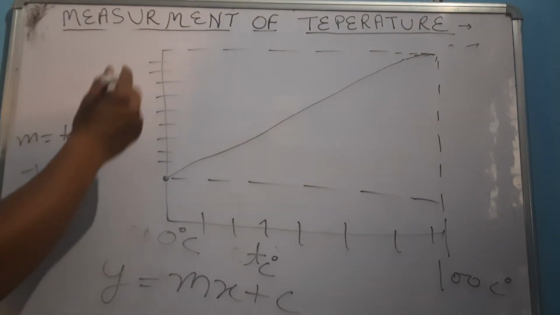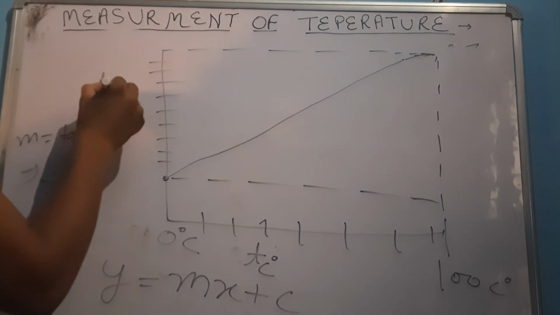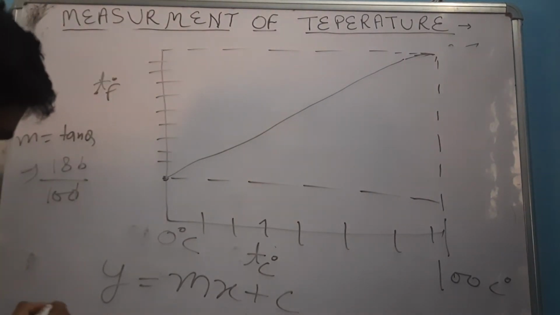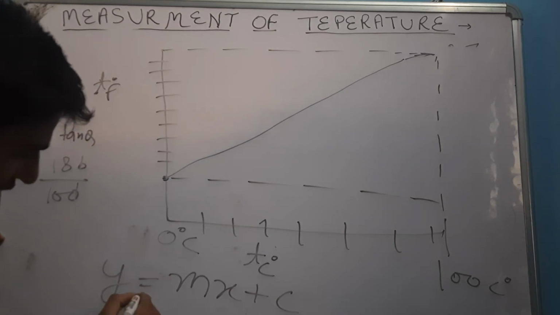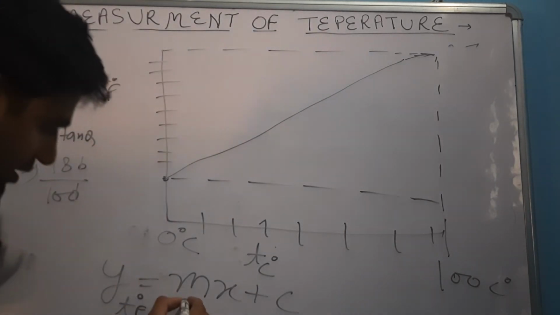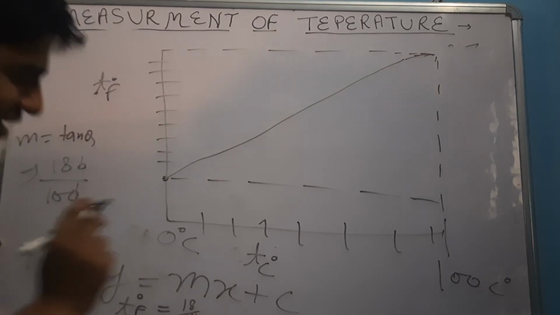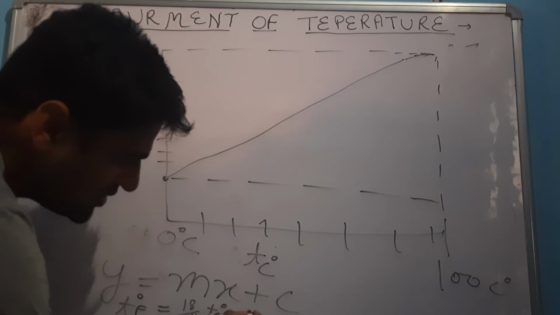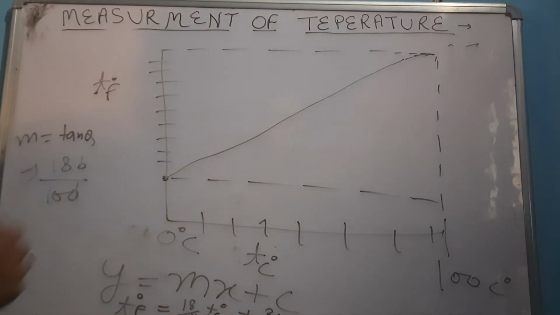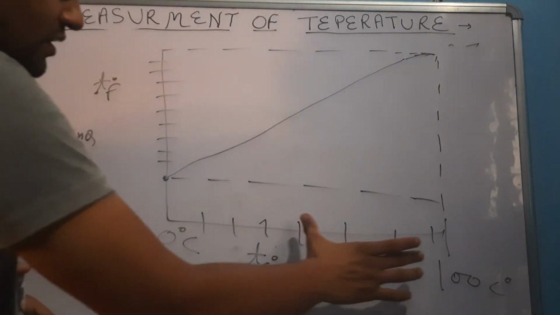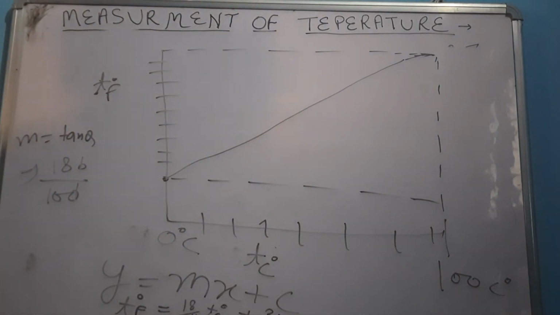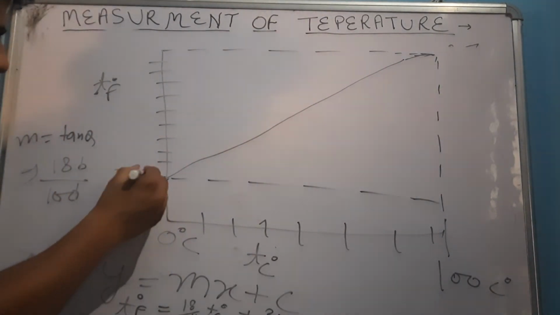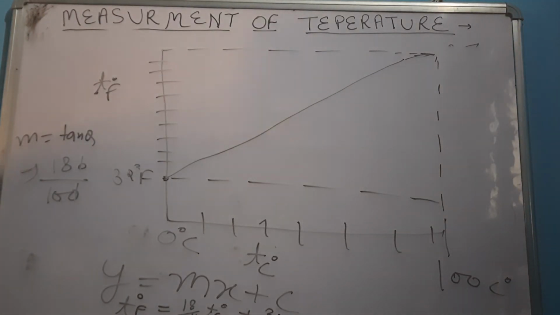Along the y-axis we have taken temperature in degrees Fahrenheit, so it will be temperature in degrees Fahrenheit equals 18 by 10, times along the x-axis we have temperature in degrees Celsius, so it will be Tc, plus 32, because it intercepts at 32 degrees Fahrenheit on the y-axis.